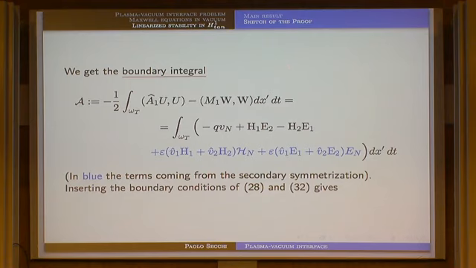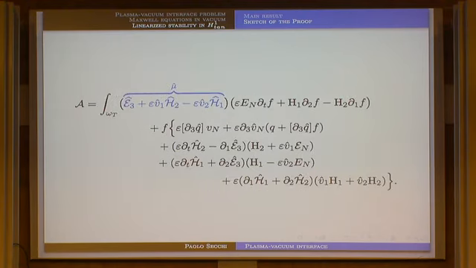So here in black we have the boundary terms coming from the original form of the equations, and in blue, the new terms coming from the secondary symmetrization. So these are new terms added that allow us to play better with all the quantities. In particular, expanding and substituting the boundary conditions, we get all these terms here, where the coefficient of the first term written here is the mu hat.